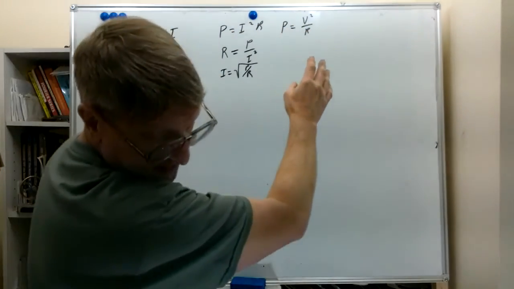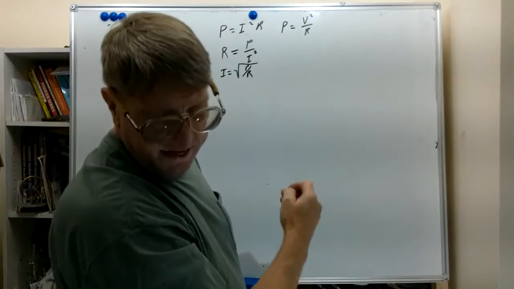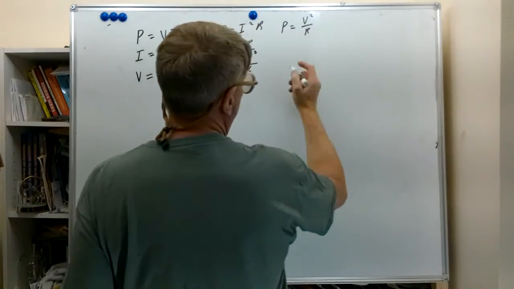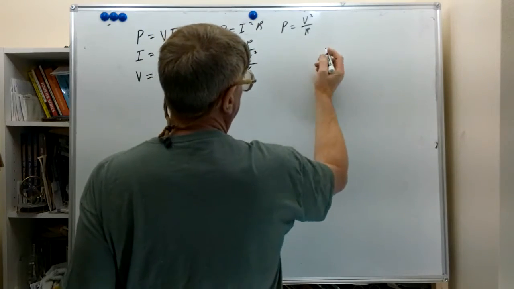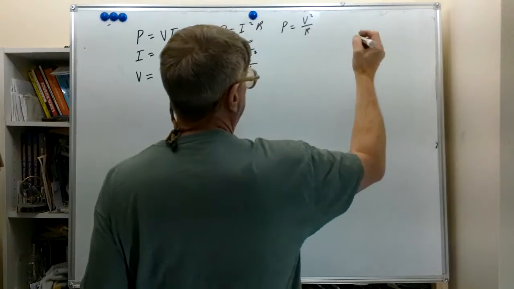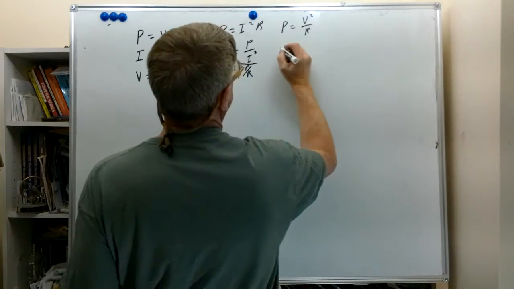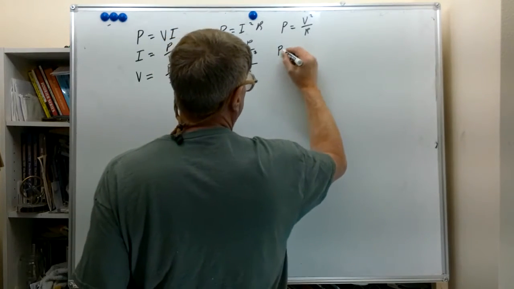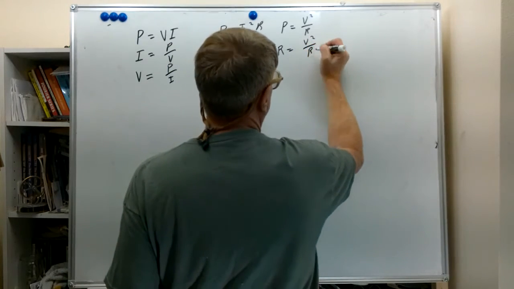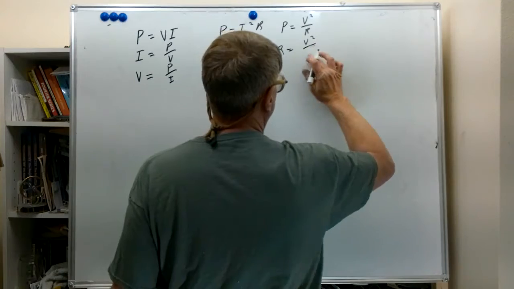Now we're going to solve this particular one for R and then for V. Solve it for R. We'll basically multiply both sides times R and divide both sides by P, and we end up with R is equal to the voltage squared over the power.